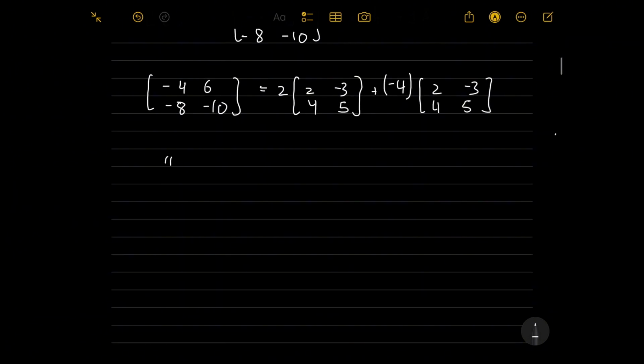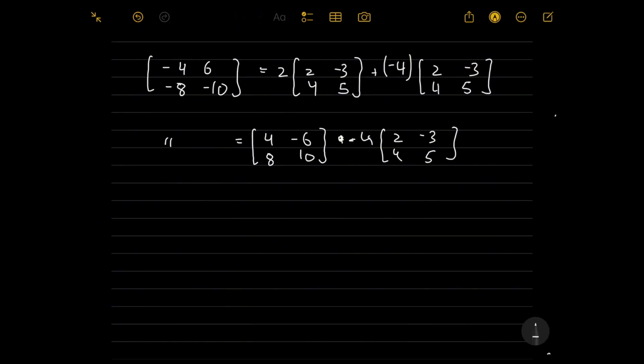So this will come as it is: 2 into 2 is 4, -6, 8, and 10. And plus, this would become minus here: -4 into the matrix 2, -3, 4, and 5.